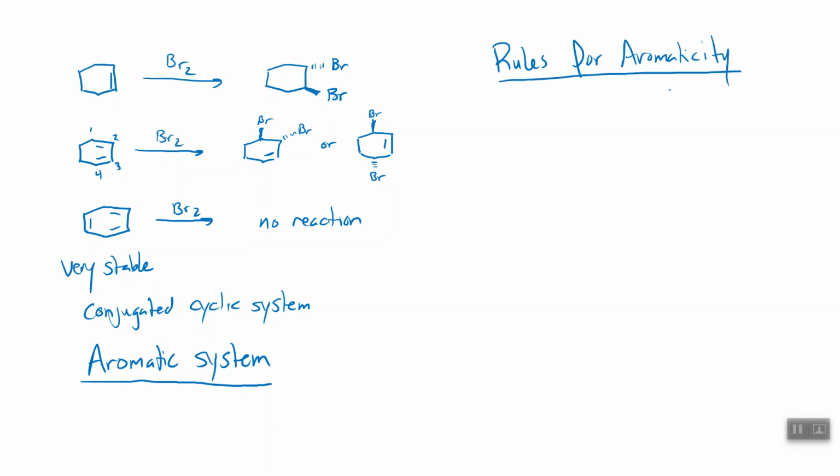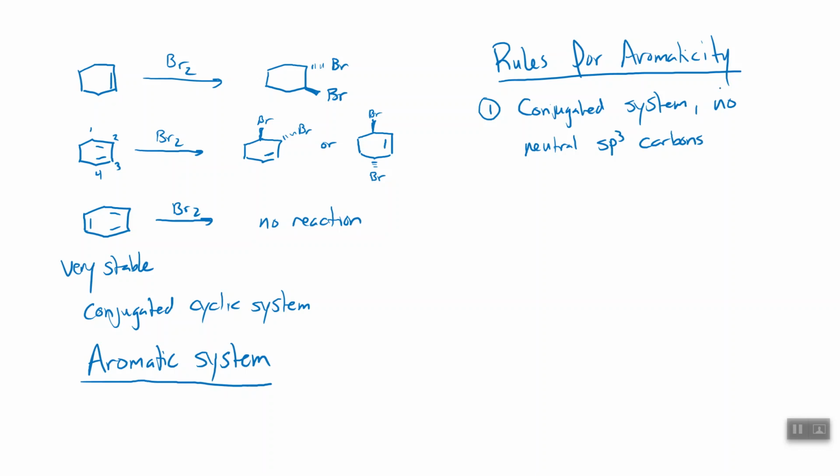And the rules for aromaticity are, 1, we have to have a conjugated system. And so this means that we can't have any neutral sp3 carbons in it.